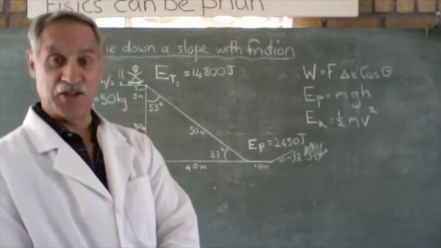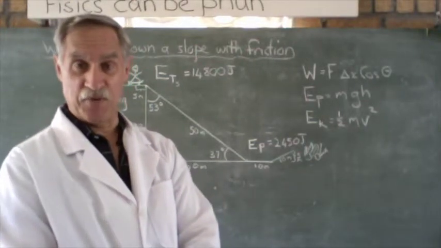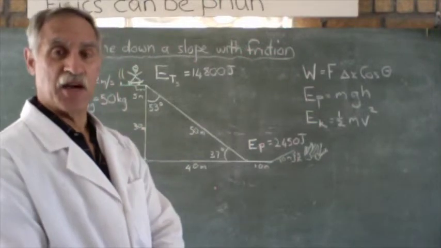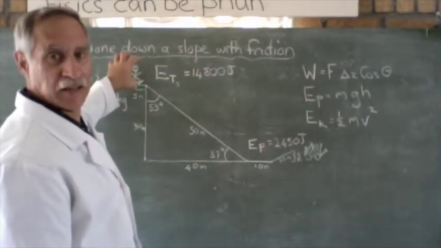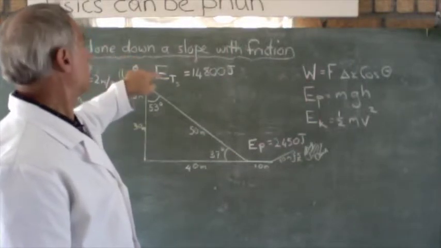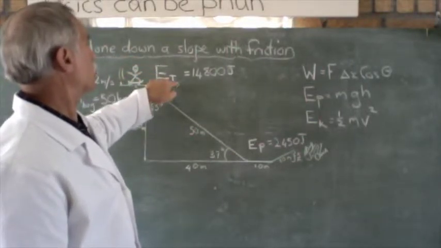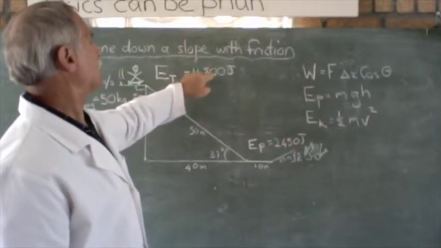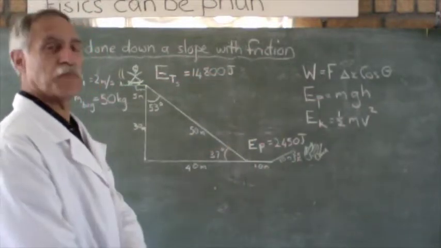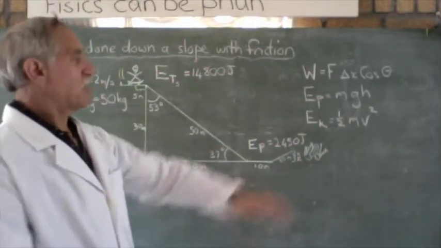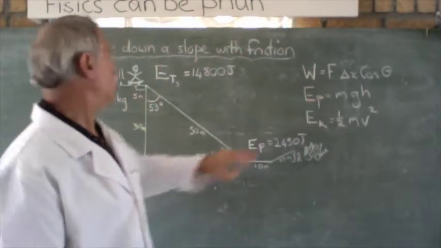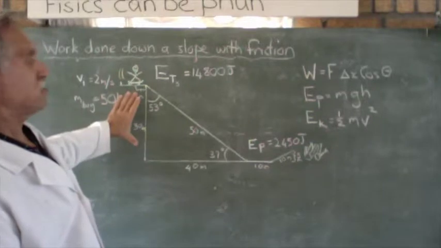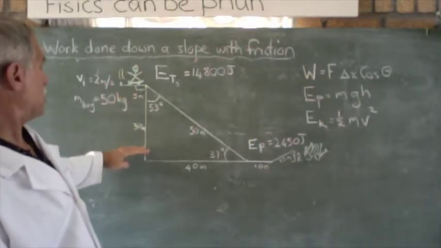But now we're going to introduce friction to this type of problem. Now, last time, we calculated that the boy's total mechanical energy at the start, E total at the start, was 14800 joules. So we worked it out using these two formulae. His potential energy was his mass times g, 9.8, times his height.